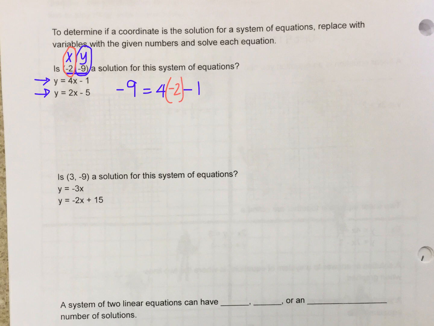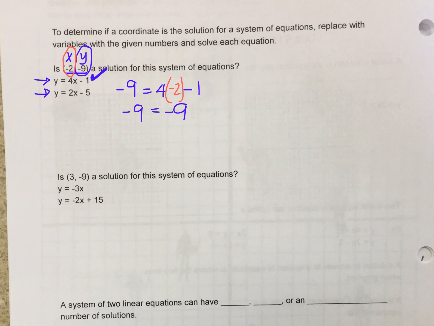So now I have negative 9 equals 4 times negative 2 minus 1. When you put that in your calculator, 4 times negative 2 is negative 8, minus 1 is negative 9. Negative 9 equals negative 9. That is true. I'm going to put a check by that. I love it.